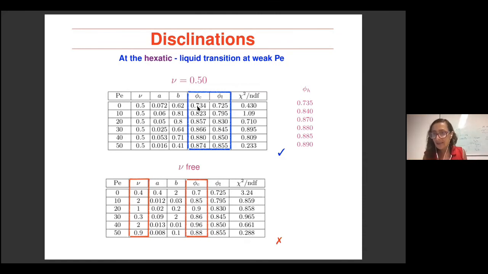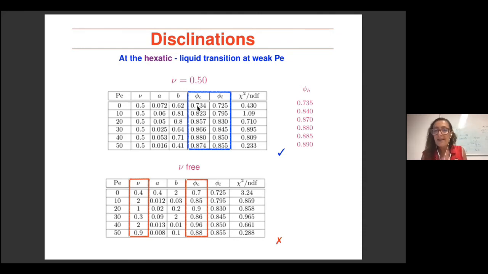You could visually see that bound states of disclinations or dislocations are forming and the binding transition is happening. But for the disclinations, everything is much more complicated than for the dislocations. For the dislocations, you can do the fits and they are rather sure. For the disclinations, everything is a little bit more dirty.